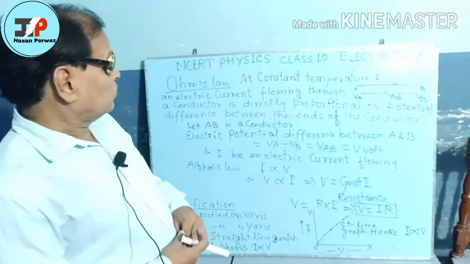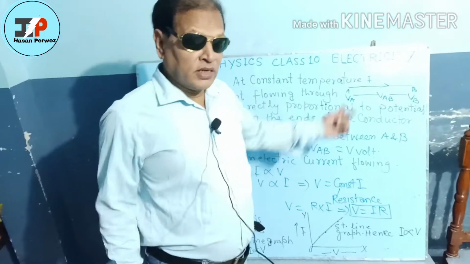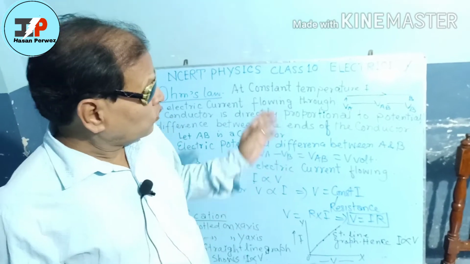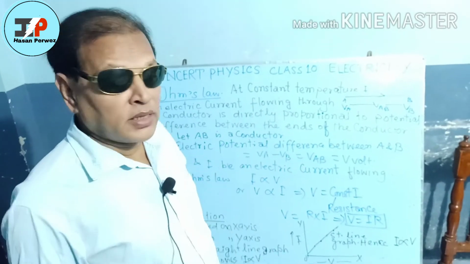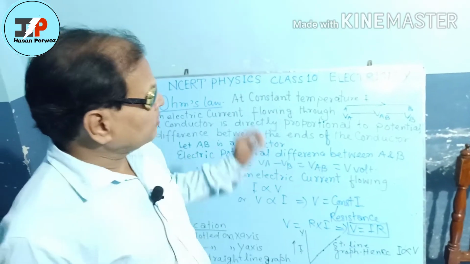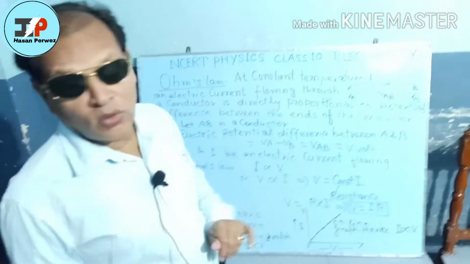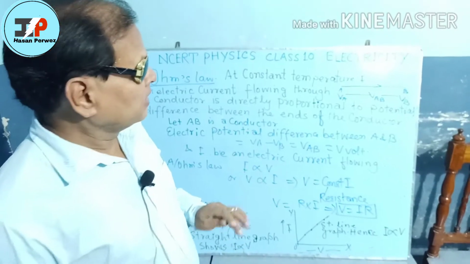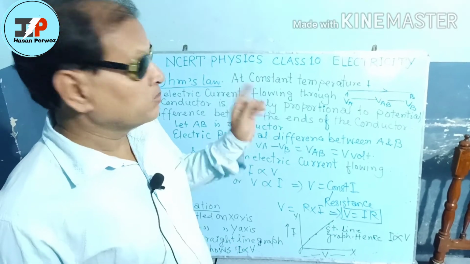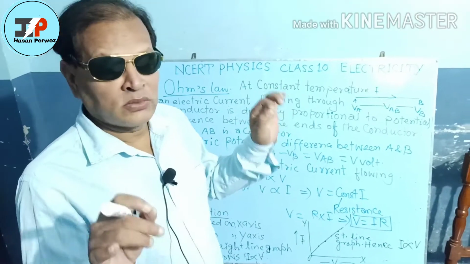He made a law that if potential difference is larger, then a large current will flow through the conductor. If the potential difference is minimized, then minimum current will flow through the conductor. Then the magnitude of current passing through a conductor depends on the potential difference between the two ends of the conductor.